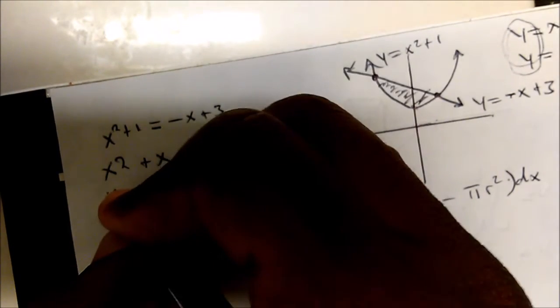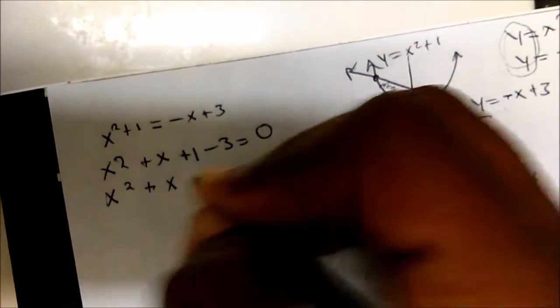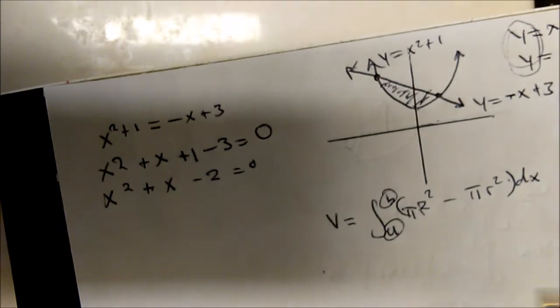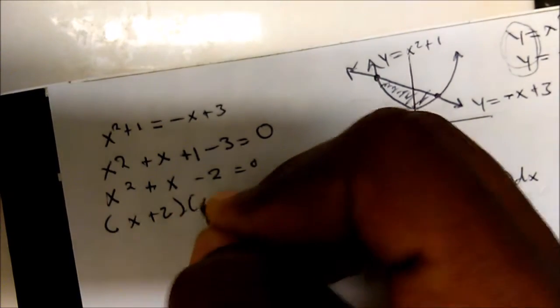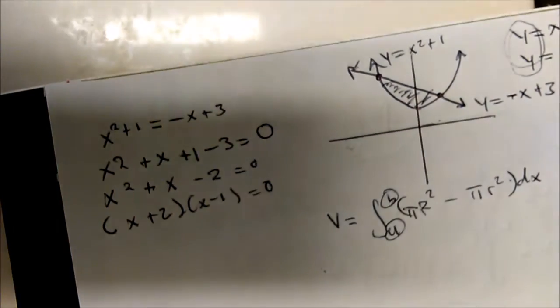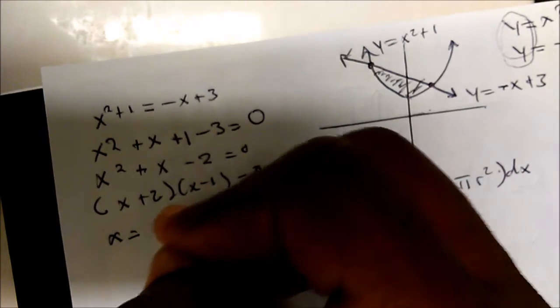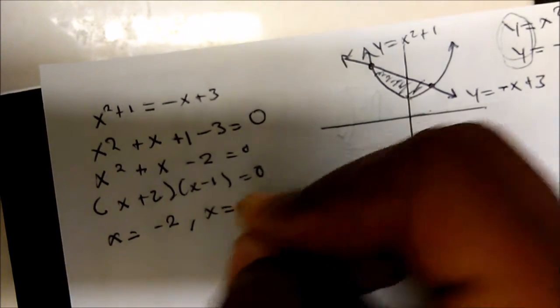So this simplifies to x squared plus x minus 2 is equal to 0. If I factor, this becomes x plus 2 times x minus 1 is equal to 0. So therefore, you could see that my limits of integration are where x is equal to negative 2 and where x is equal to 1.